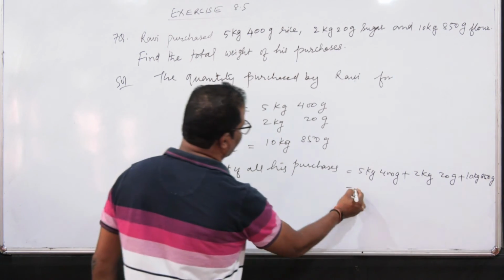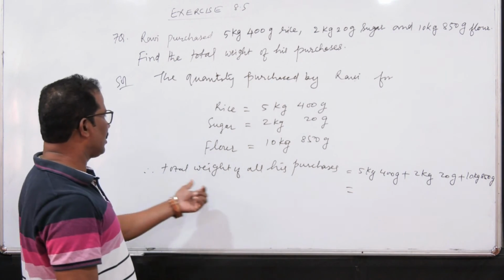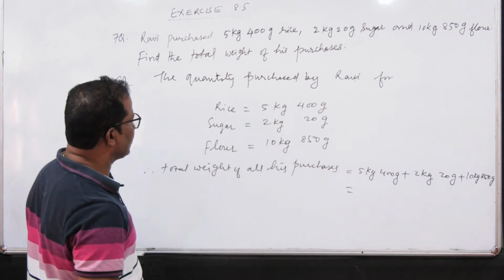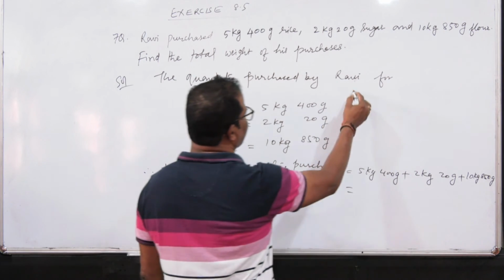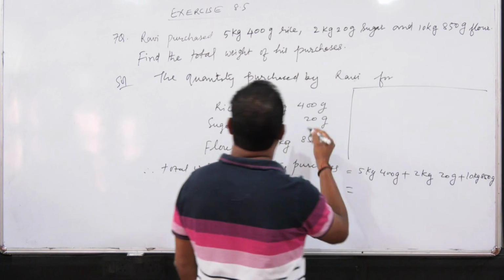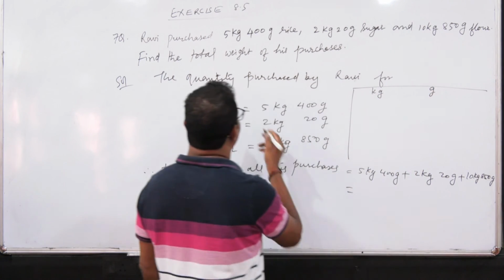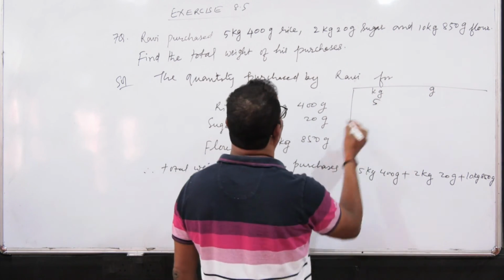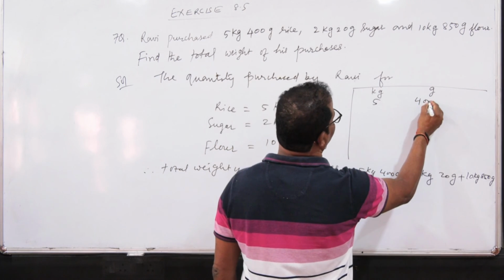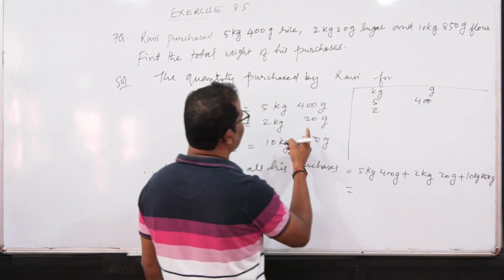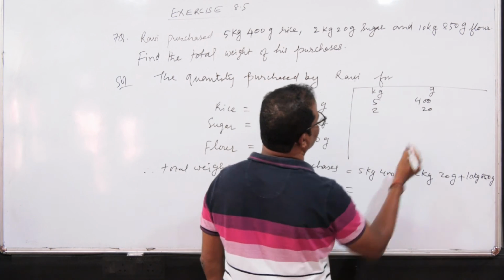Okay, so we have to find the total weight, means we have to add all these weights. So how is it? We can see here. Here there are two units, kgs and grams. First for rice, 5 kg and in gram 400. Then for sugar 2 kg, and in grams it is 20.